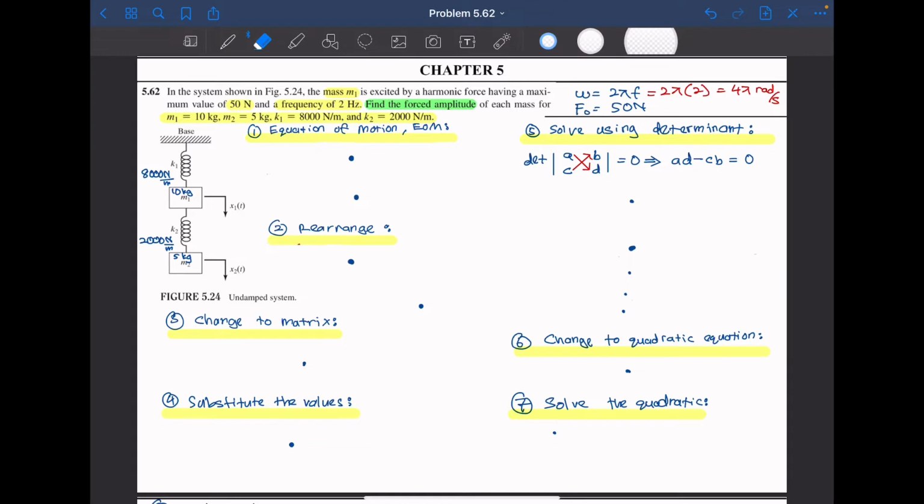Since they have the same system as the previous question, you'll have the same equation of motion. Only that, at the X1 equation, you have an extra term equals F1, because there is a force acting at M1.